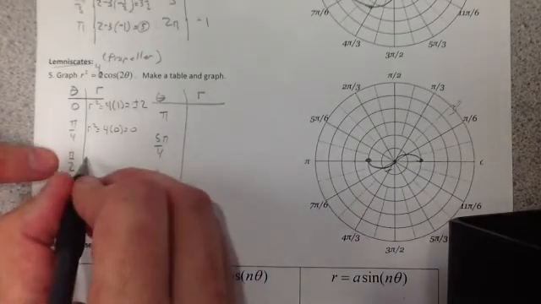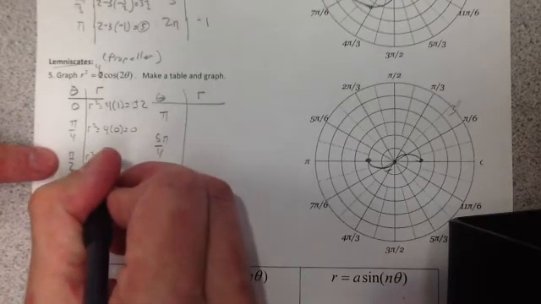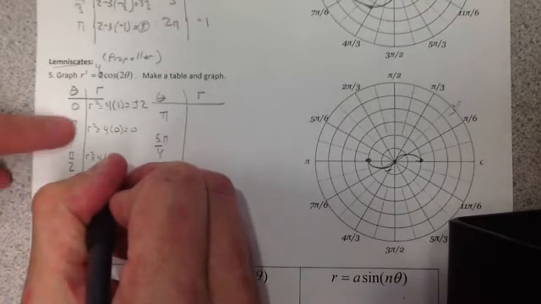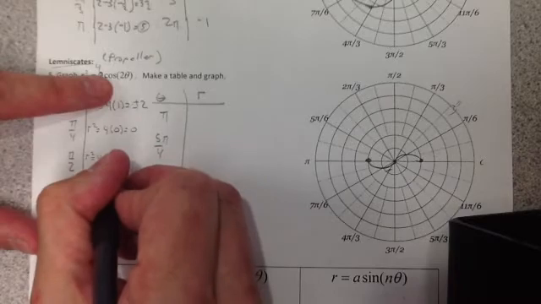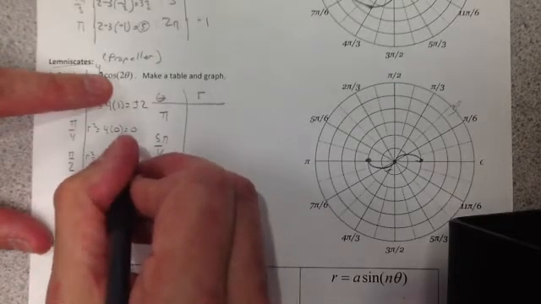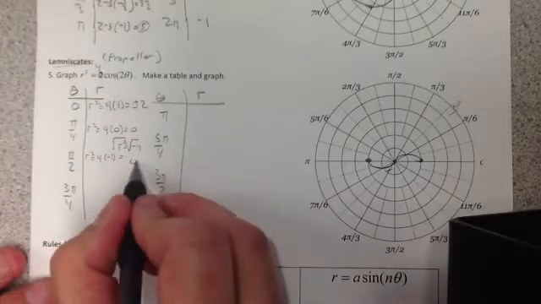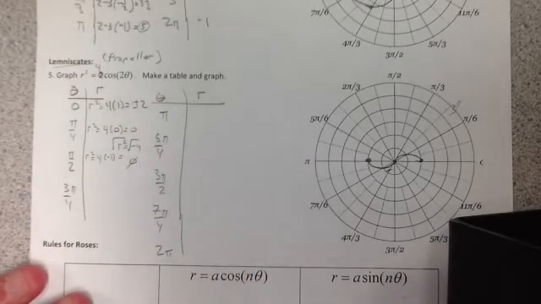Plug in pi over 2. Watch, when we plug in pi over 2, we get r squared equals 4 times the cosine of pi, which is negative 1. So I get r squared equals negative 4. Well, what's the problem? You can't take the square root, so it does not exist.